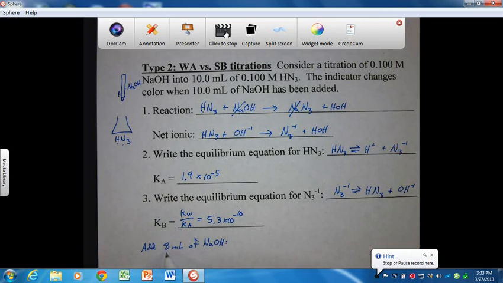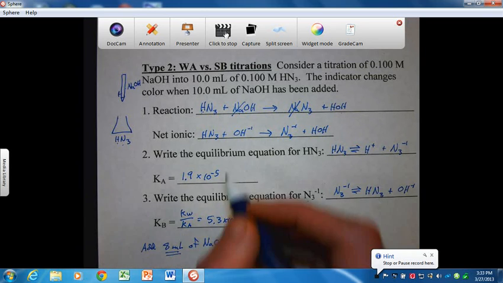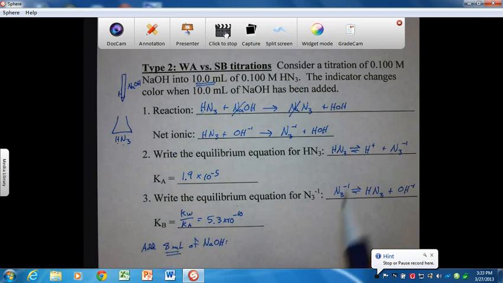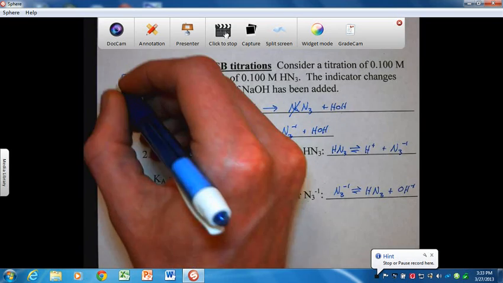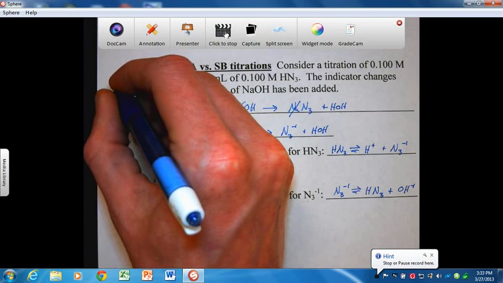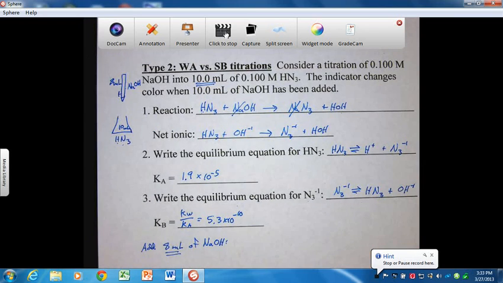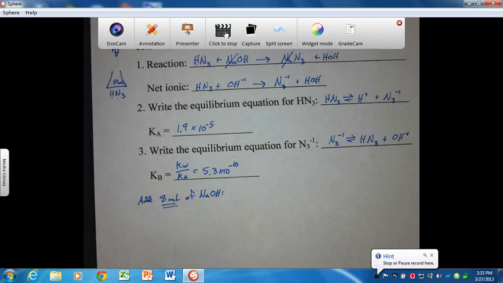Let's add 8 milliliters of sodium hydroxide to the 10 milliliters of the hydrazoic acid. That won't quite take us to the end point, but it'll be close. So we have 10 milliliters here, and we'll add 8 milliliters here. This reaction needs to occur in 2 steps.